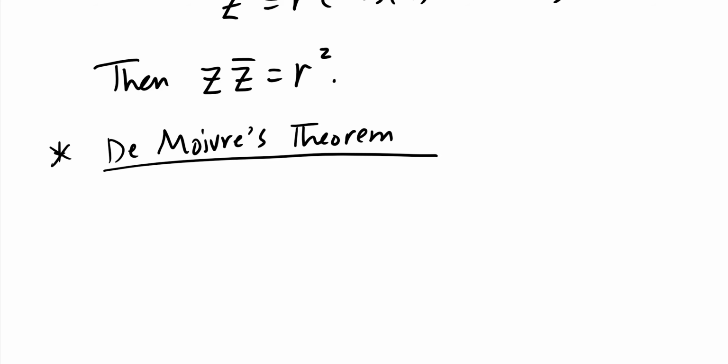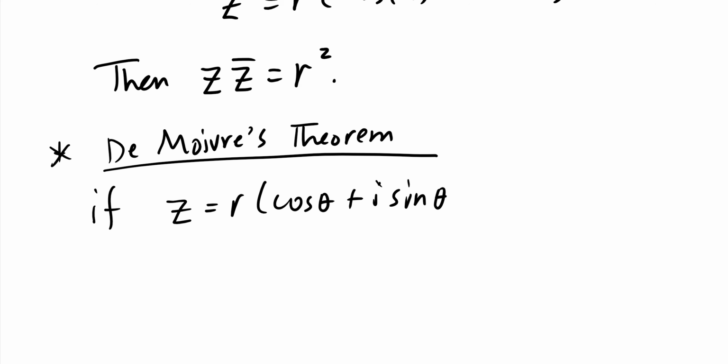If z equals r cosine theta plus i sine theta, and you try to multiply this by itself again and again and again, using what we learned today about multiplying two complex numbers in trig form, you will find a pattern. That's what De Moivre found.